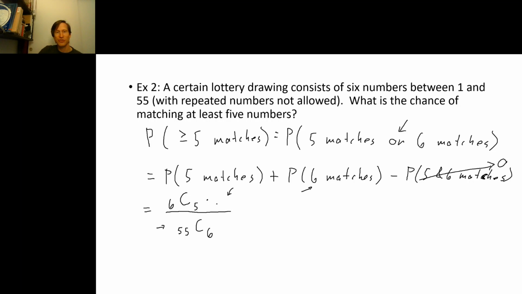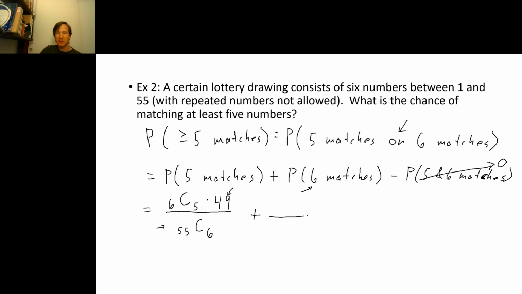So we need to choose one more number that does not match any of the 6 numbers that came up in the lottery drawing. So we need to choose one more number out of the 49 numbers that are left. And to choose one number out of 49, there are 49 possibilities. Okay, so that's for our first probability.